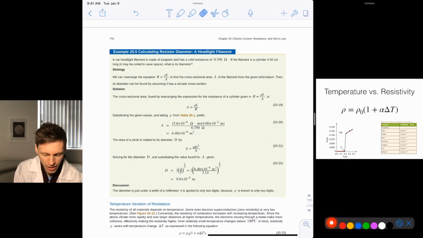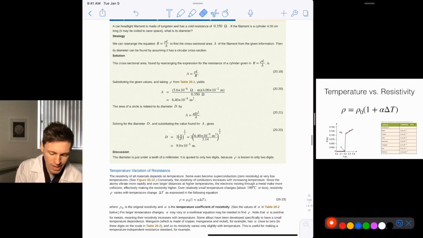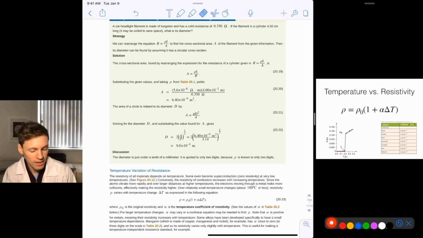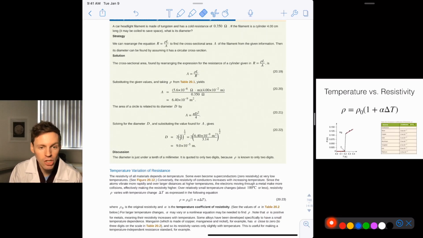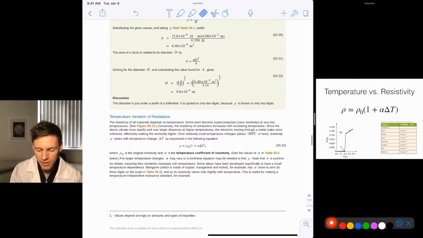And then we solve for the area, which is 6.4 times 10 to the minus 9 meters squared. We know that the area is pi r squared, or pi d squared over 4 if we replace r with half d. And then we can solve for the diameter. That gives us 9 times 10 to the minus 5th meters. Okay, so that's small. So that's how you calculate the resistance of something based on its resistivity.